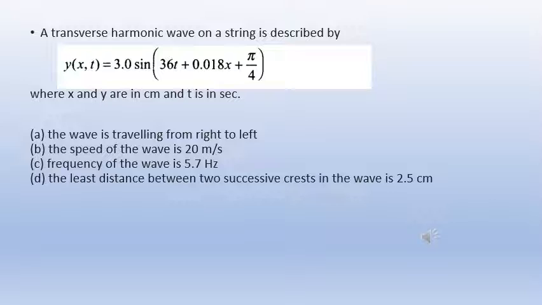Comparing it to the standard equation A sin(ωt − kx + φ), where φ is the phase, the positive sign in front of 0.018x indicates that the wave is traveling along the negative x-axis. The rest of the values can be calculated in exactly the same manner as in the previous numerical.